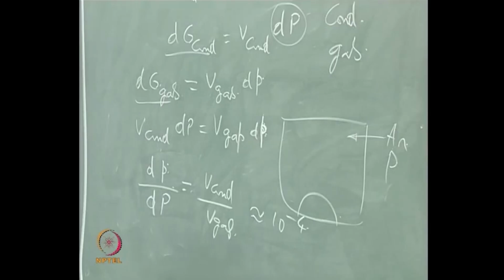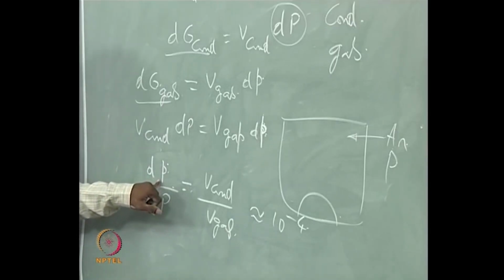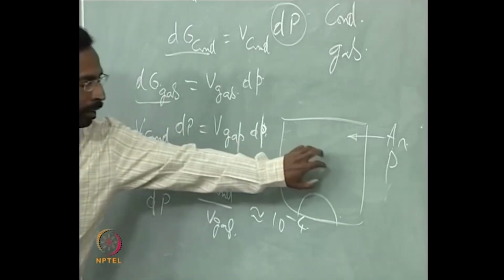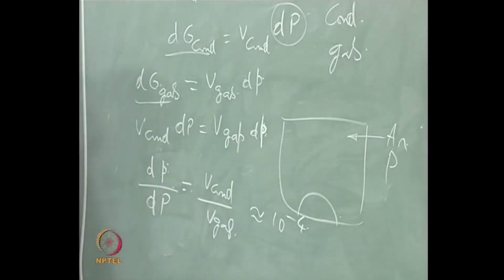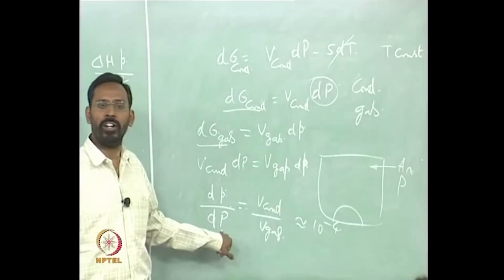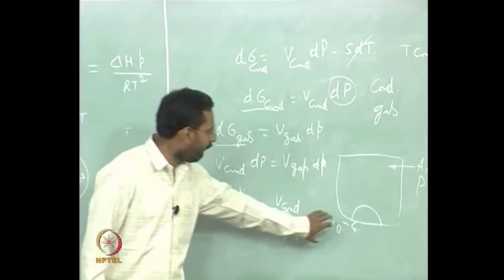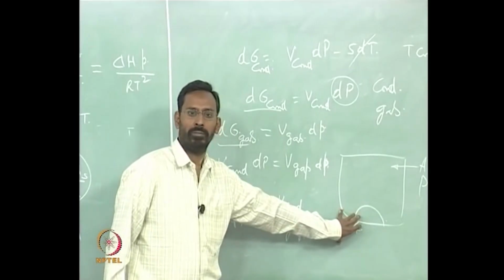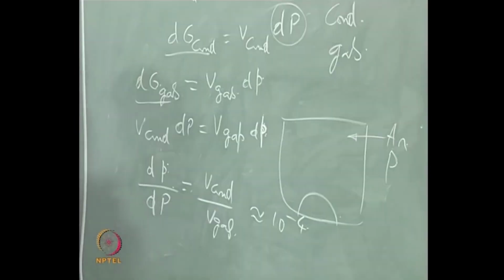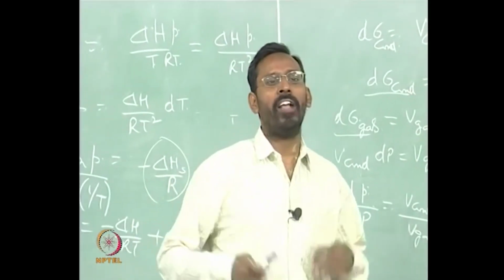So if that is the case, then you can show that the partial pressure of the sublimated gas that is forming changes very, very little with the external pressure that we are introducing. Why this becomes important is, whenever you are trying to sublimate something, this becomes very important, particularly for those who want to make nanomaterials by gas condensation techniques.